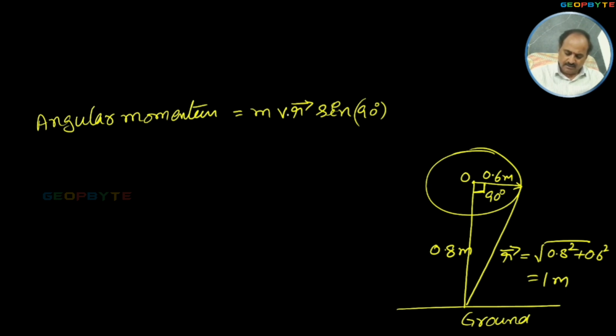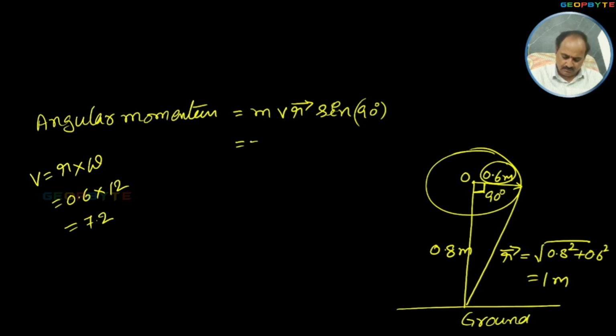Now, but linear velocity v is not given. Linear velocity v equals what? Product of radius and angular velocity. Radius is 0.6 meters into angular velocity 12, equal to 12 into 0.6, 7.2, right?